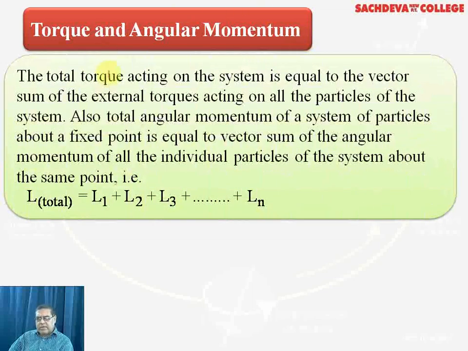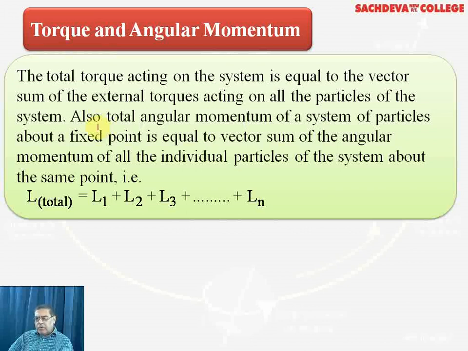Now, the total torque acting on a system is equal to the vector sum of the external torques acting on all the particles of the system. If there are n particles, then we have to estimate the total torque. The system means a rigid body with plenty of particles.